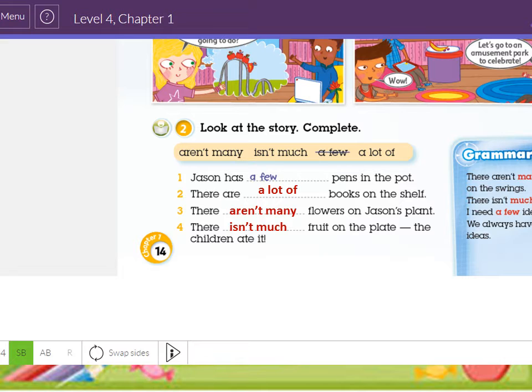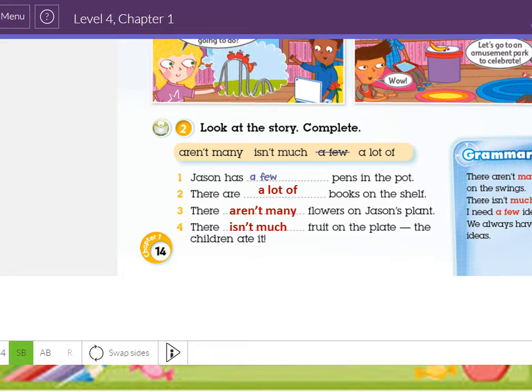So look at the picture of the pans in the pot. There are a few pans. So the answer is Jason has a few pans in the pot.